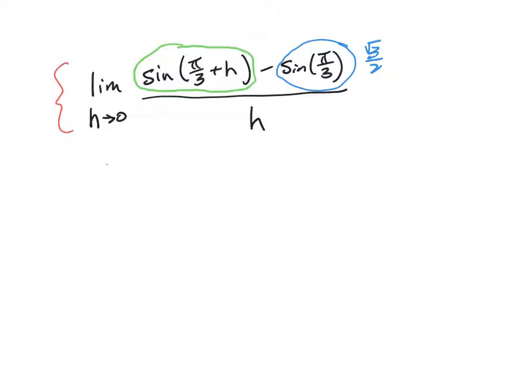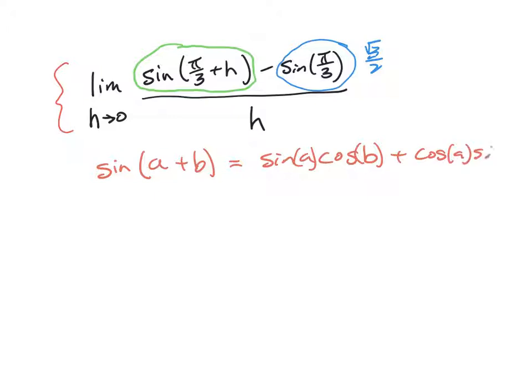So in case you've forgotten, that identity says if you have a sine of a plus b, you can write that as sine a cosine b plus cosine a sine b. And we'll do that with sine of pi over 3 plus h. And we transform this limit into this limit.